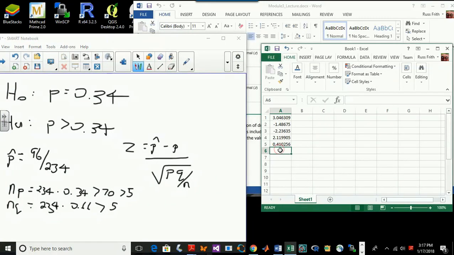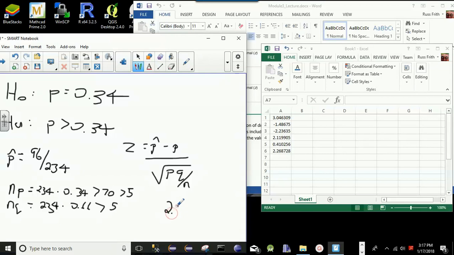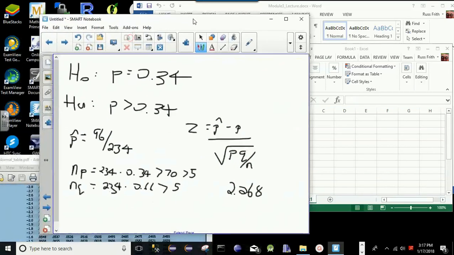So that would equal p hat, which is 96 over 234, minus 0.34, divided by the square root of 0.34 times 0.66, divided by n, which is 234. So that makes our z statistic 2.268.